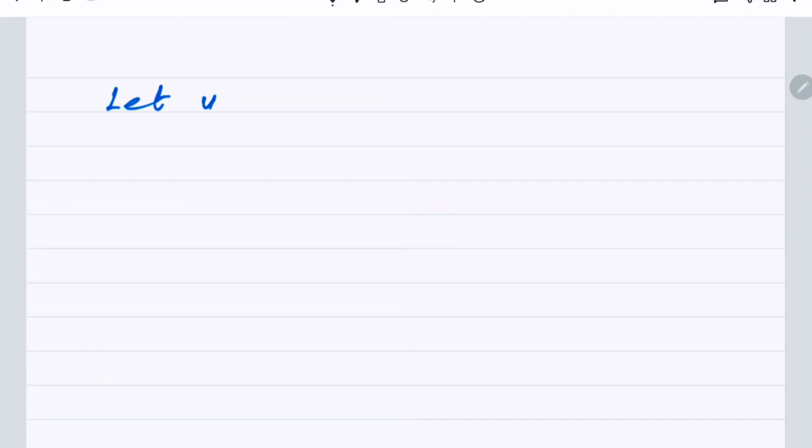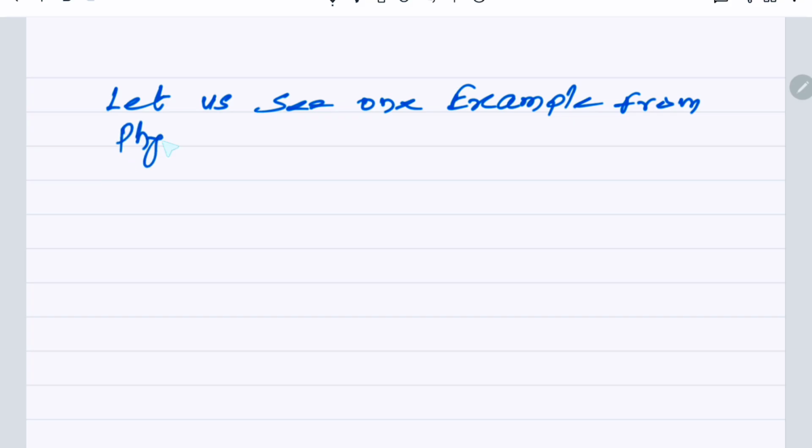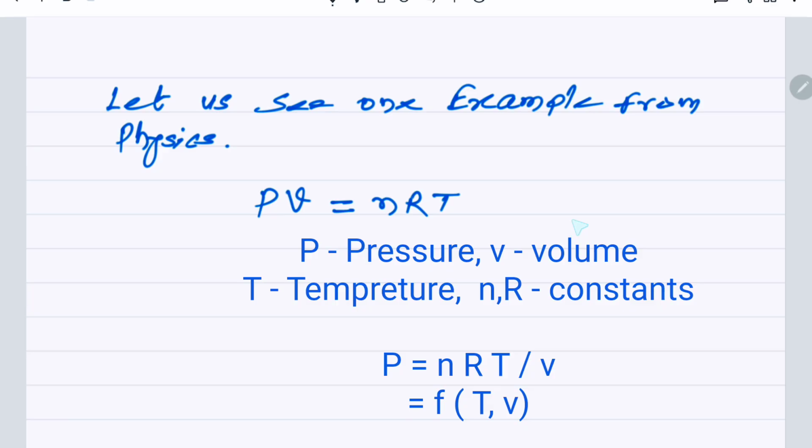Let us discuss one simple example of partial differentiation. Consider example from physics. P into V is equals to nRT, where P stands for pressure, V stands for volume, n and R are constant terms, and T stands for temperature.